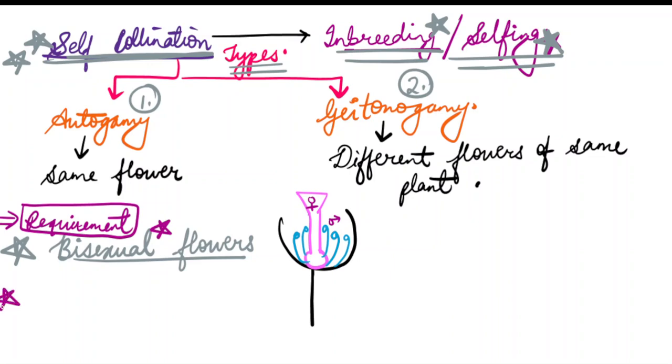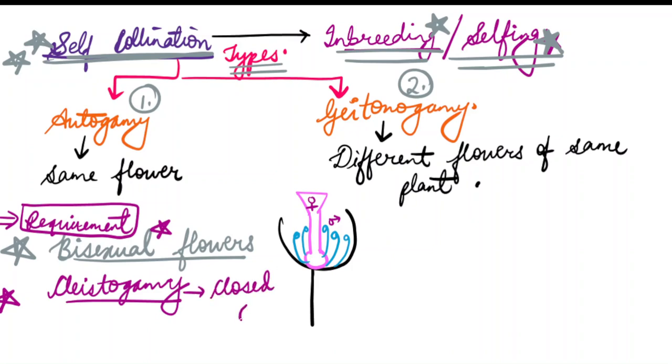Such closed flowers, which have to do self pollination before they open, are known as clistogamy. Now what is clistogamy? Clistogamy means the flowers which are closed. They have not opened, and the anthers and stigma are not exposed.